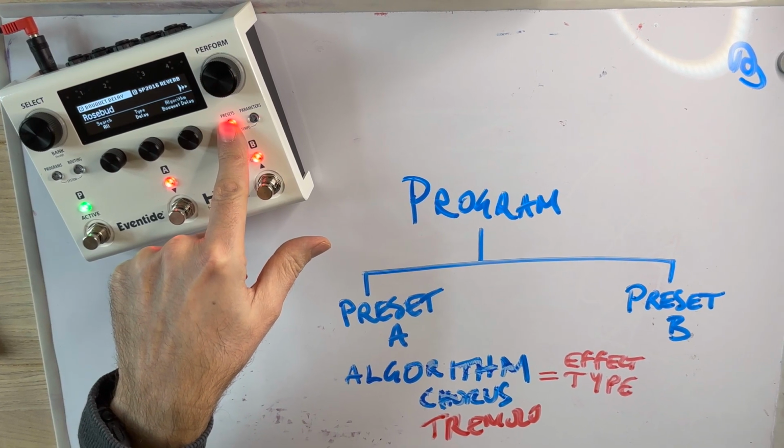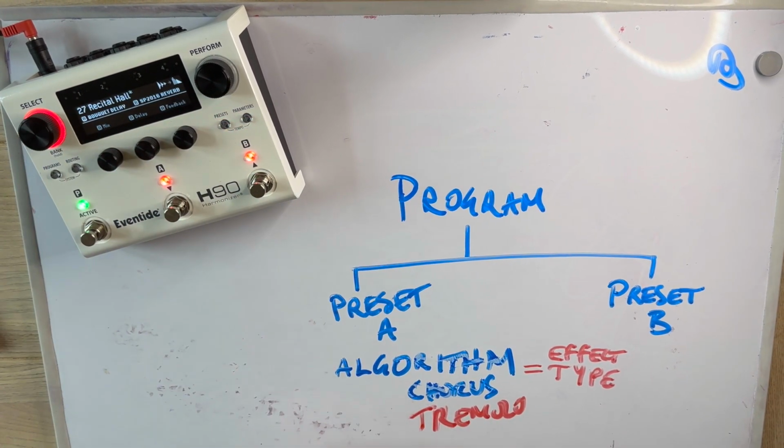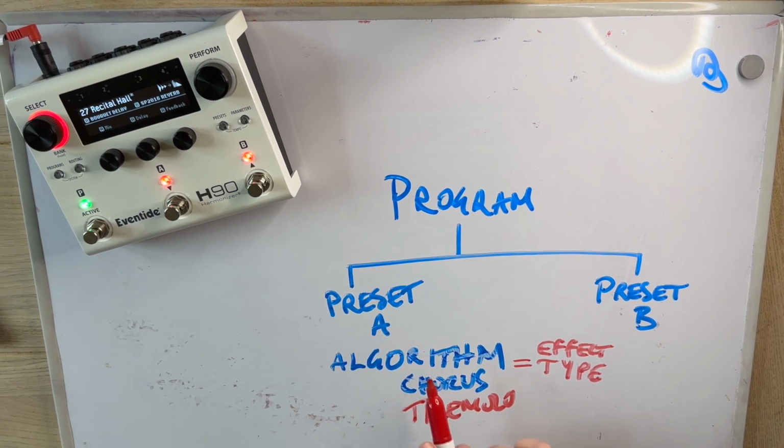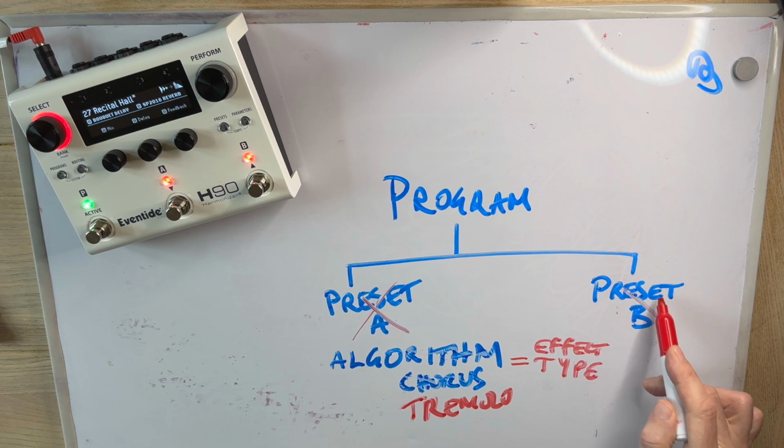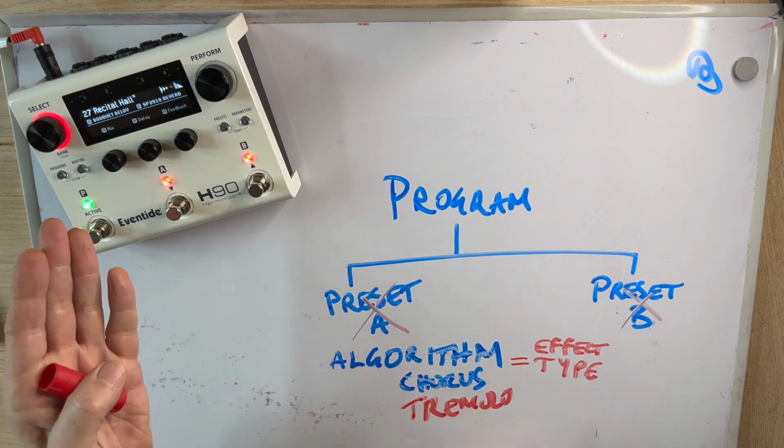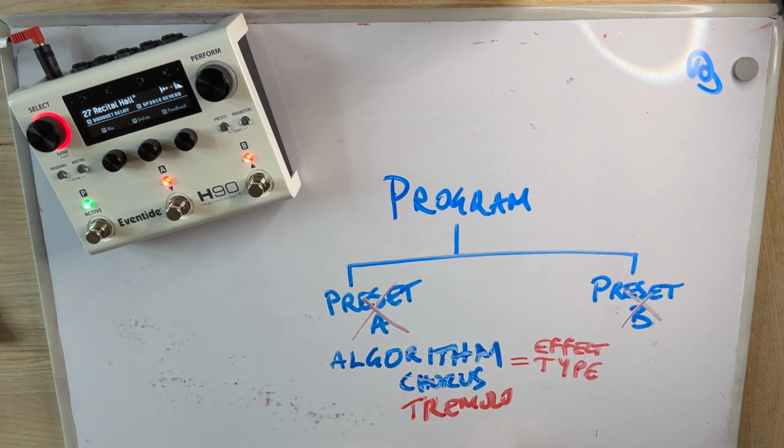Now, personally, let's just go back to the main screen. I don't think you should worry too much about the names of these presets because if you use it like me, what I'm thinking is, oh, I'd like a nice tremolo with a nice reverb, or I would like a nice delay and a chorus.